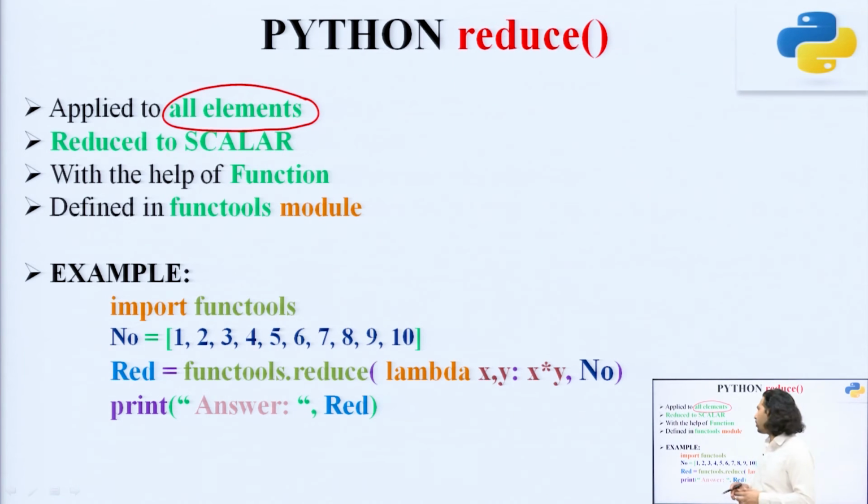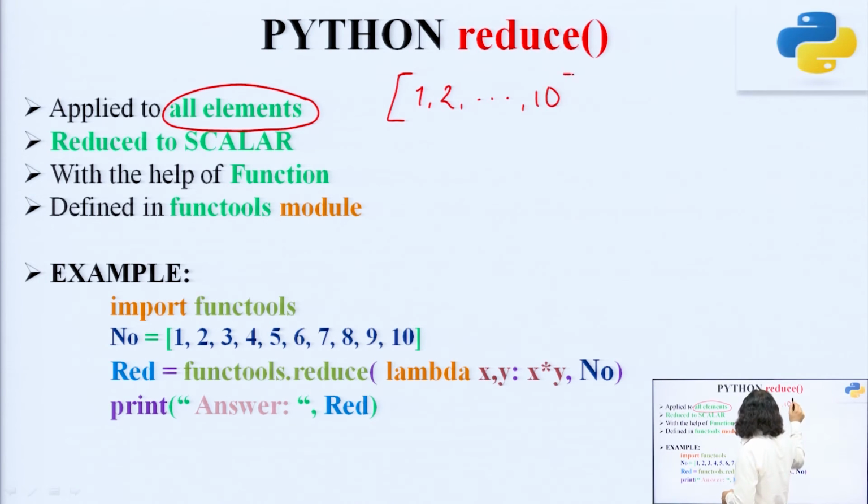Now, look at the problem. Let us say we have a list starting from 1 till 10 and we want the sum of all the elements. So, this type of problem is handled with the help of the reduce function.